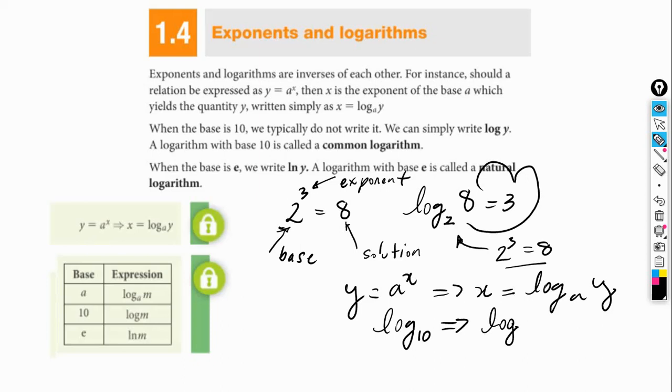Another common logarithm is the natural logarithm, which is written as ln. And basically, the natural logarithm is a logarithm of base e. What is e? Well, that's Euler's number. If you don't know what Euler's number is, it would be good for you to do some investigation on what is Euler's number.